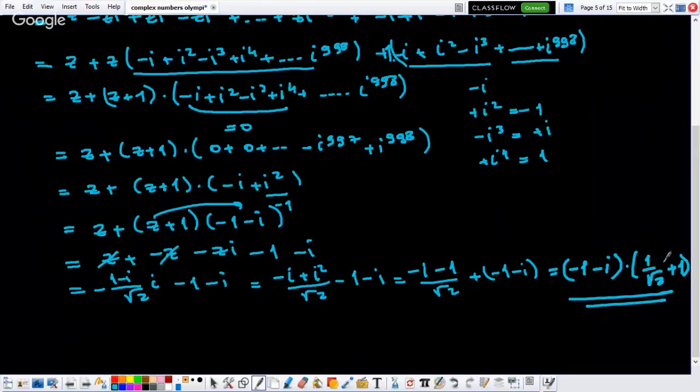Here you can distribute this term to this part and you may find the standard form of the complex number, but this is also enough for us.